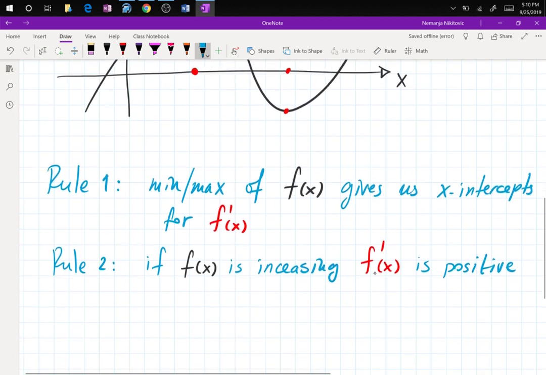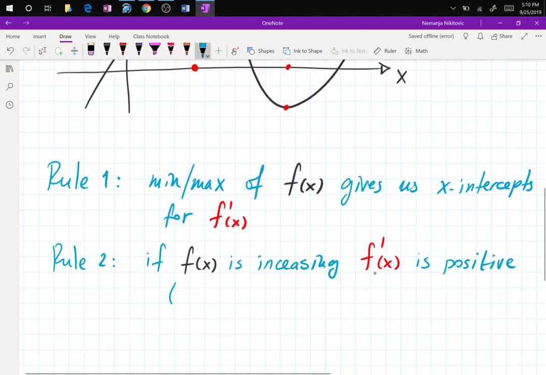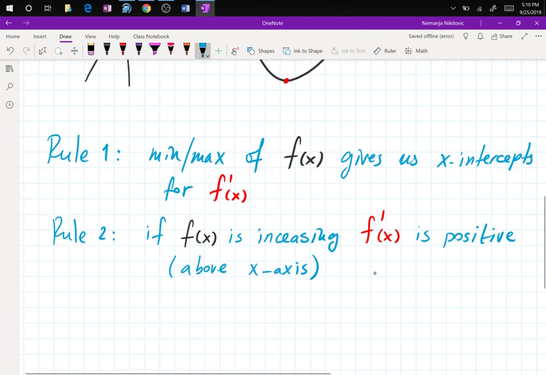And I'm going to call that positive, in parentheses, above x-axis. It's very simple to spot when something is above and something is below x-axis.